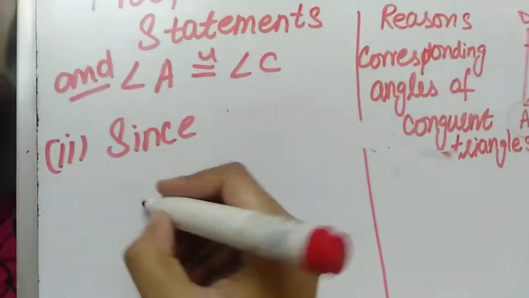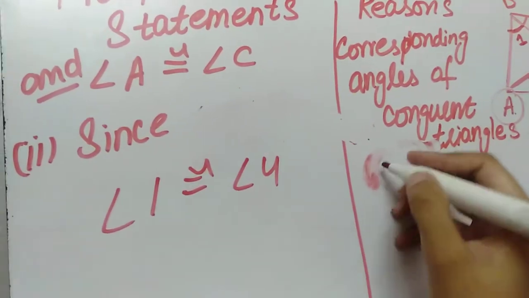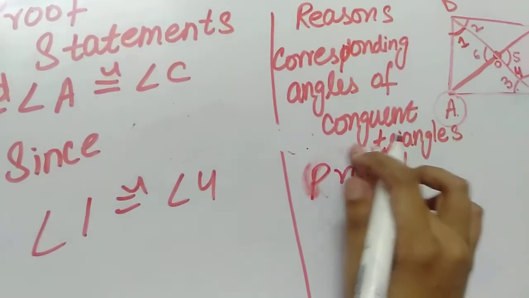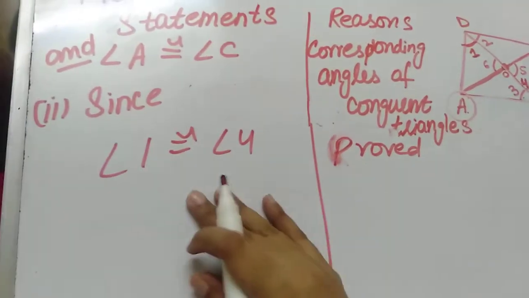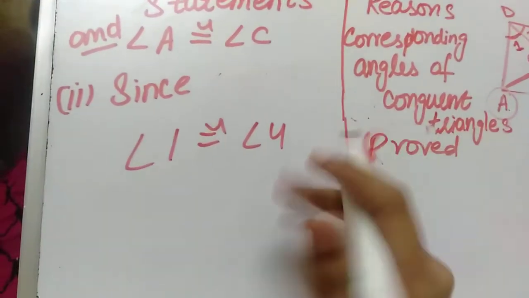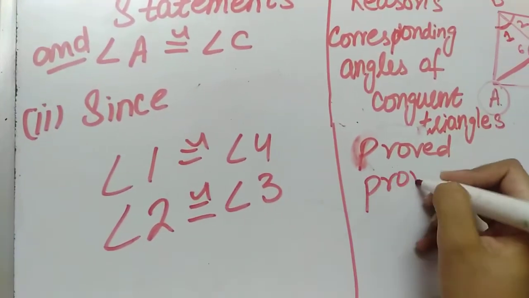We will write it here so that we can write the reason properly. We have already proved it, so there is no need to write again and again the reason that they are alternate angles. You can write that they are alternate angles, but since we have already proved it, just write "proved earlier". And angle 2 is congruent to angle 3. This is also proved earlier.